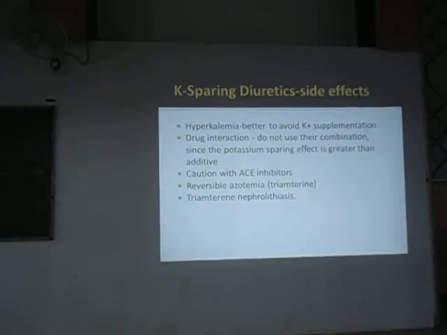We have three alternatives, but we should not go for two drugs which are acting on the same site, for example, triamterene and spironolactone. You never go for such combinations because they can cause hyperkalemia. Caution with ACE inhibitors, and in case of triamterene, nephrolithiasis, we need to be careful.